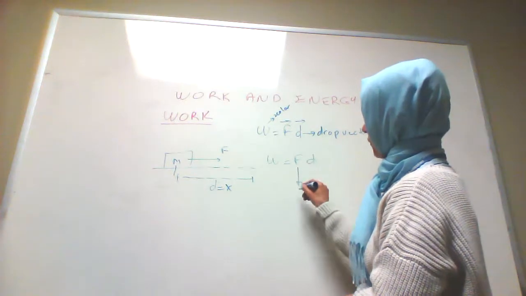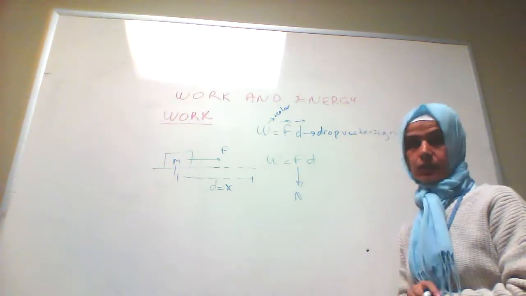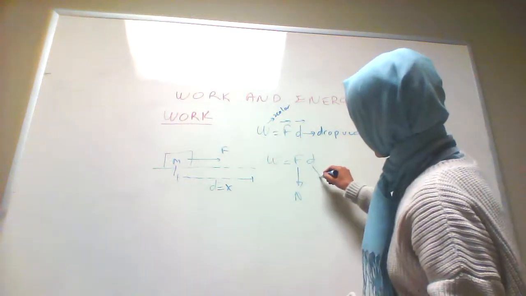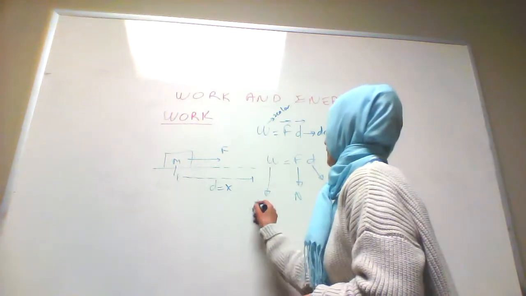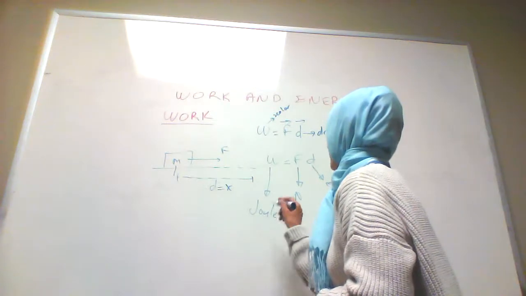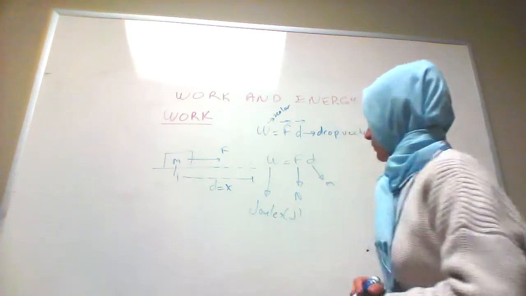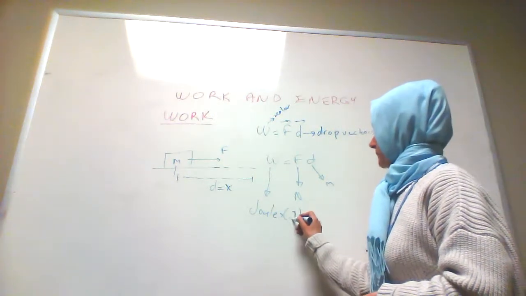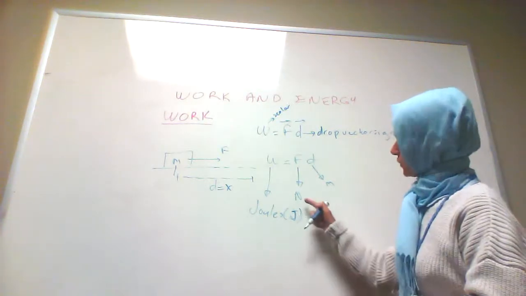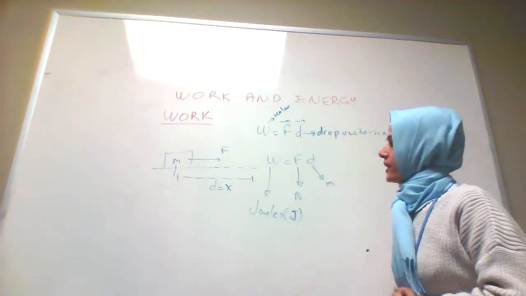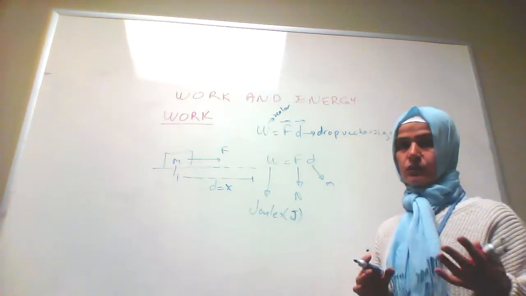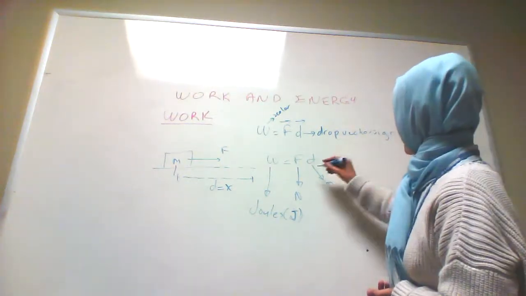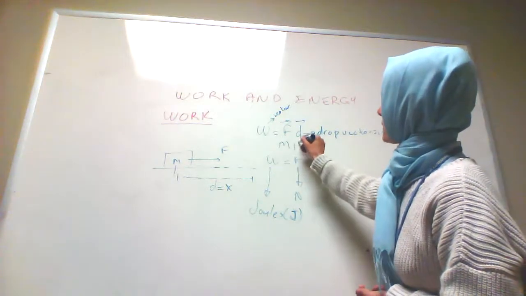And unit for force was Newton, MKS units as we always used, and distance was meters. The unit for work will be joules. We'll use capital J for joules. And it's equal to Newton times meter. There is another version of the units in CGS units. We don't really use it a lot, but it's ergs. This is MKS units.